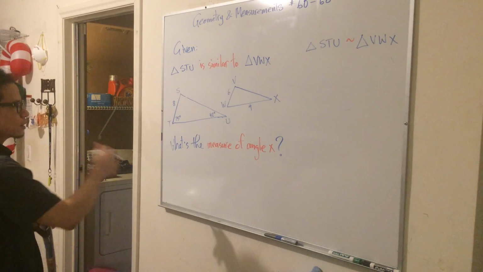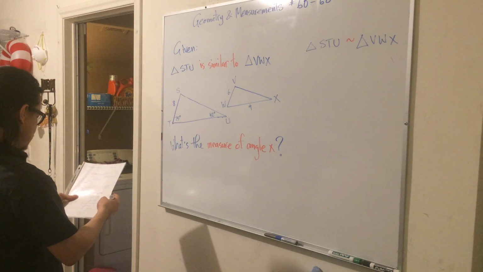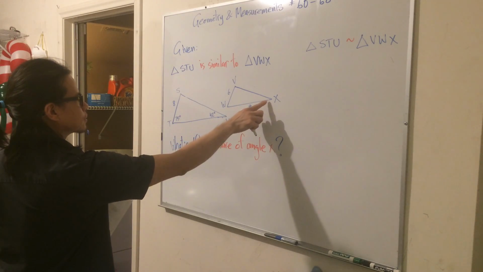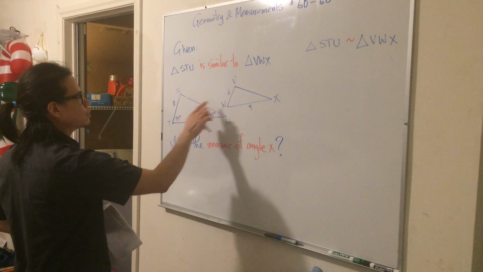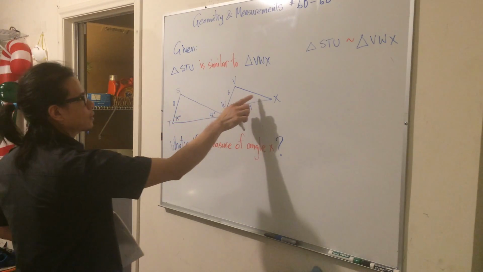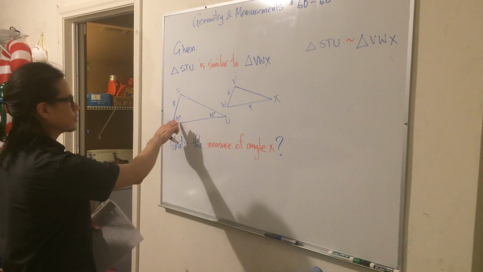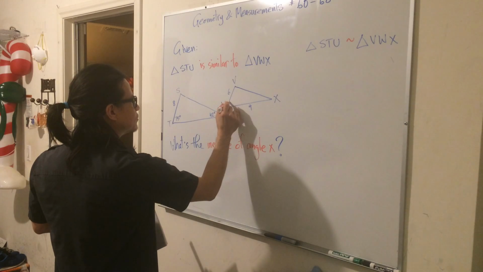Now, the question asks, what's the measure of angle X? Let's say here is angle X. Knowing that these two triangles are similar means that all their angles are congruent, which means they're equal. So if that's 75, this is 75 degrees.